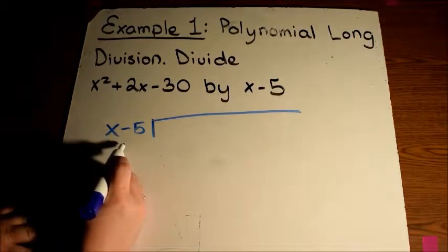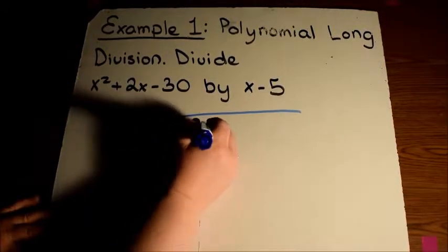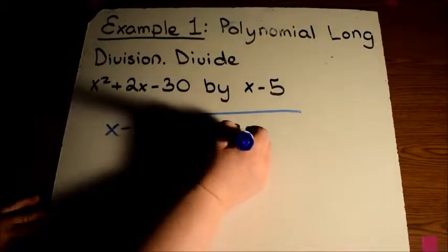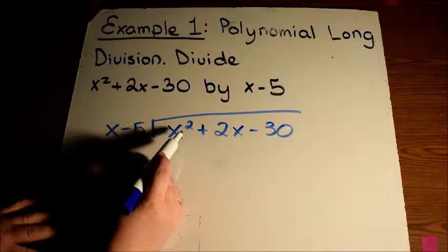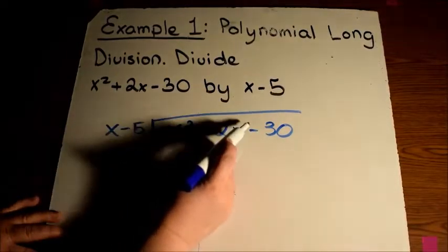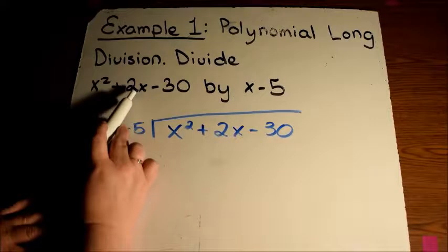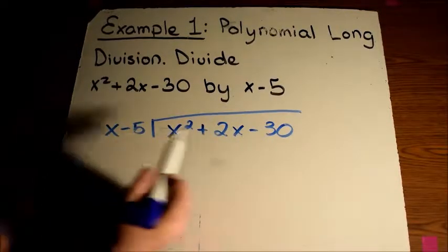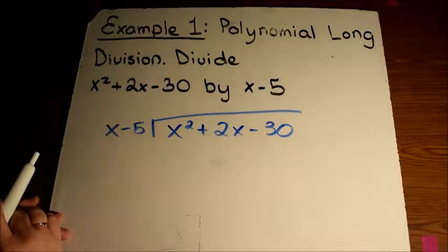We put the thing we're dividing by on the outside, and on the inside we put our polynomial. Make sure to account for all of the exponents. This is a quadratic, so the first exponent was 2, the second one was 1, the third one was 0. If this hadn't had an x term in it, we would have needed to put a 0x in here.